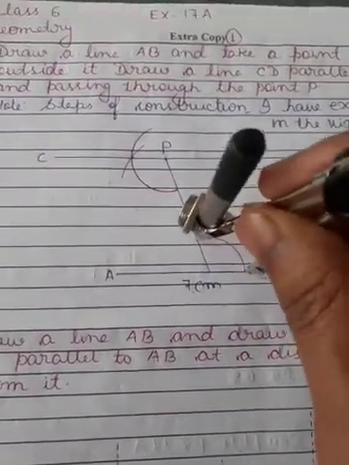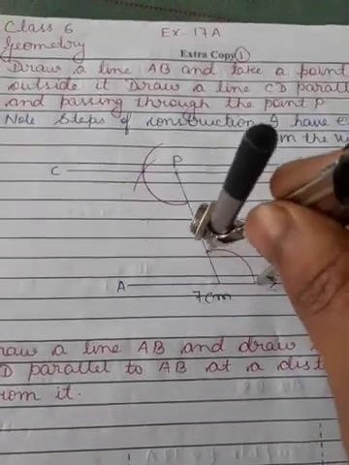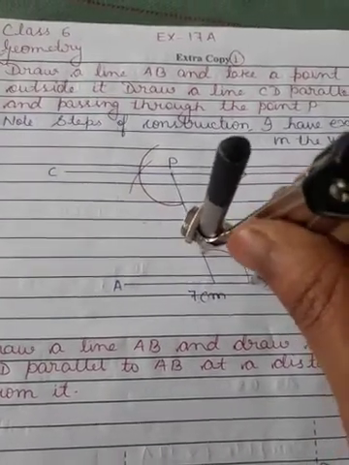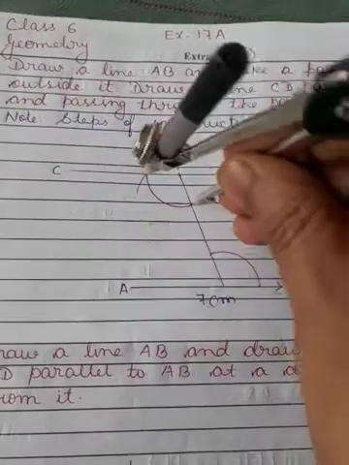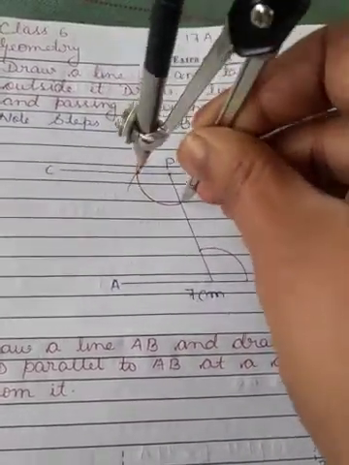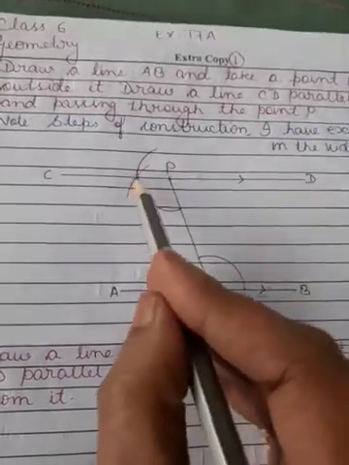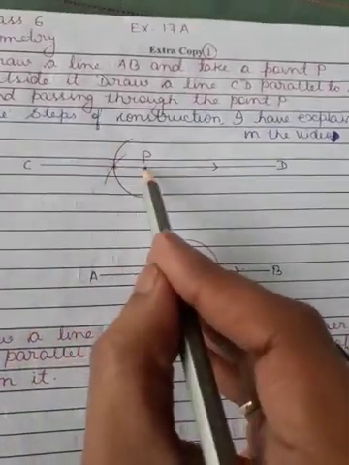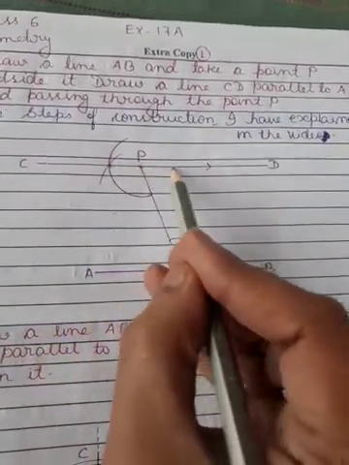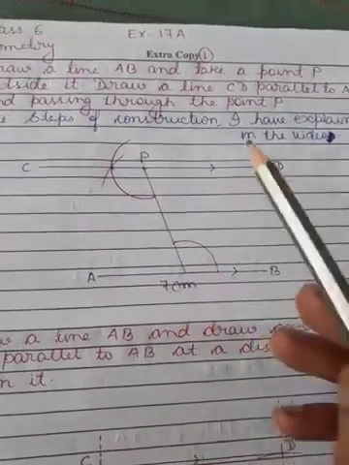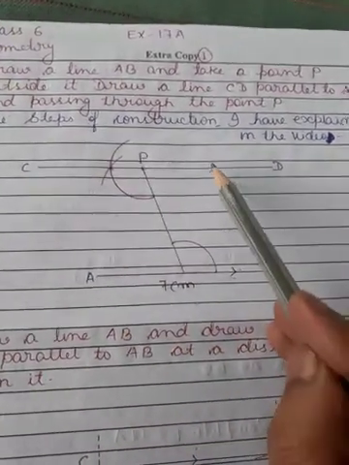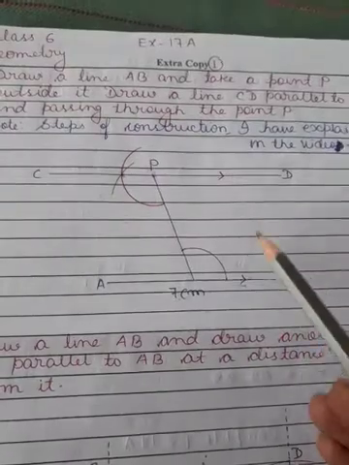Take the measure of this much, then keep it here and cut like this. At this point it will cut, and then with the help of a scale join this point and draw a straight line. Now this line is our CD and these two lines are parallel.